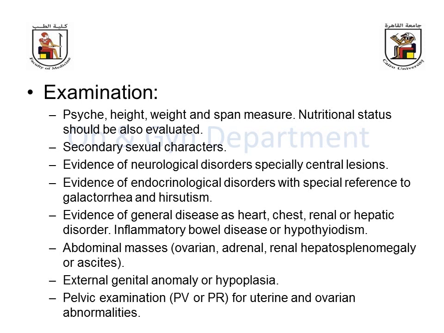Look for any evidence of neurological disorder, especially central lesion, with special reference to galactorrhea, hirsutism, and any general condition of heart, chest, renal, hepatic, inflammatory bowel disease, hypothyroidism, presence of skin manifestation, skin patches, increased carrying angle, any manifestation of abnormal syndrome such as Turner syndrome, abdominal masses, external genitalia hypoplasia, and then we do pelvic examination for possibility of any abnormality.